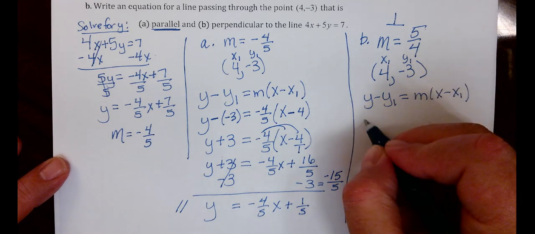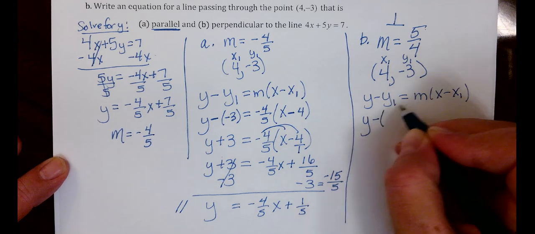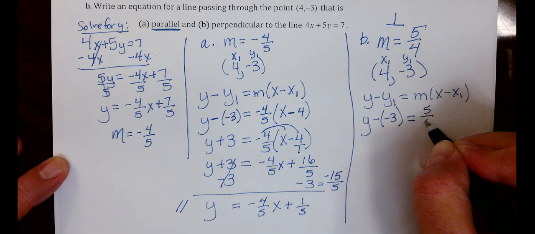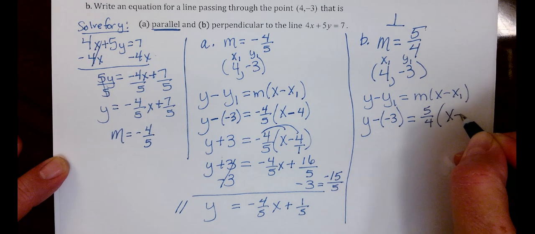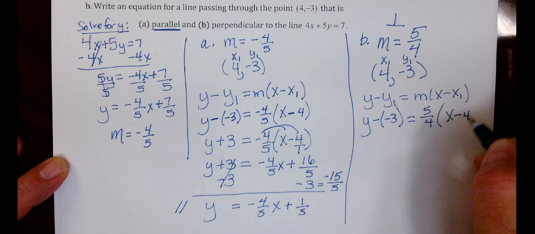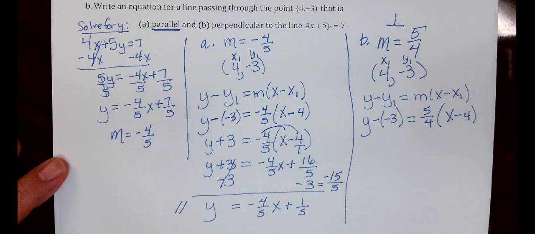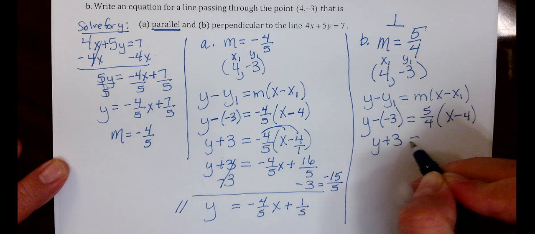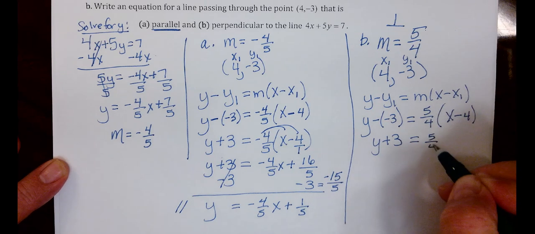So we have y minus y1, which is -3, equals 5/4 times x minus 4. And we're going to simplify. So this is y plus 3 equals 5/4 times x minus 4.